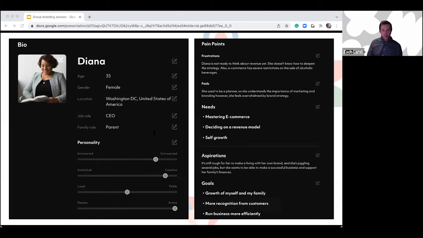And you start to get into how they think about the world. Are they introverted or extroverted? So it's good to have a sense of their reaction to the world and how they just are as a person. That's why the personality meters are good to have, because we're such a small part of our customers' lives.